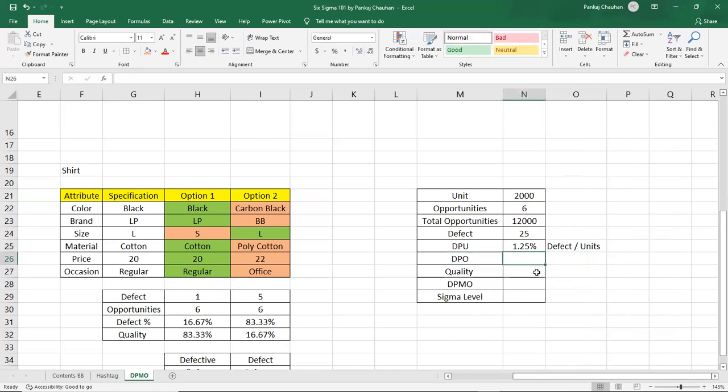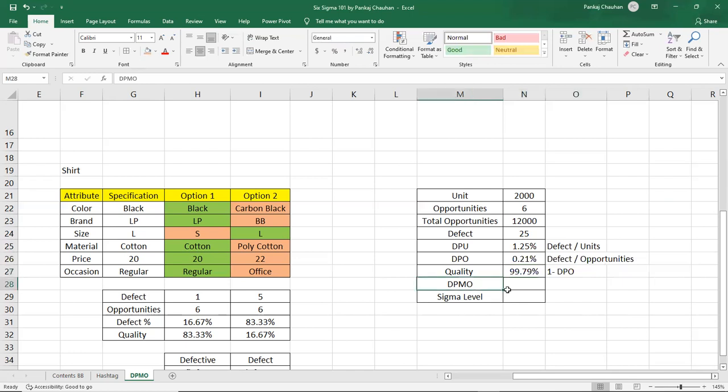If I look for the defect per opportunity, this will be defects over opportunities, which is 25 defects over 12,000 opportunities, around 0.2% approximately. Now, what is my quality? Quality is equal to 1 minus DPO. The DPO number is 1 minus 0.21%. So my quality is 99.79%.